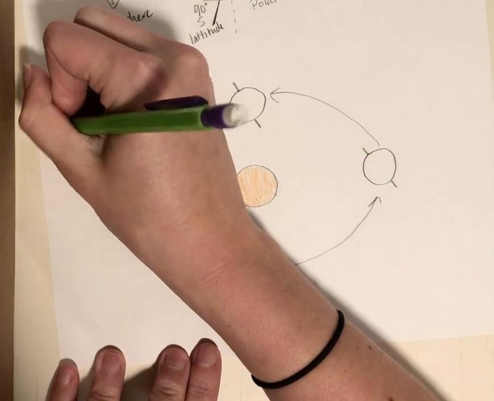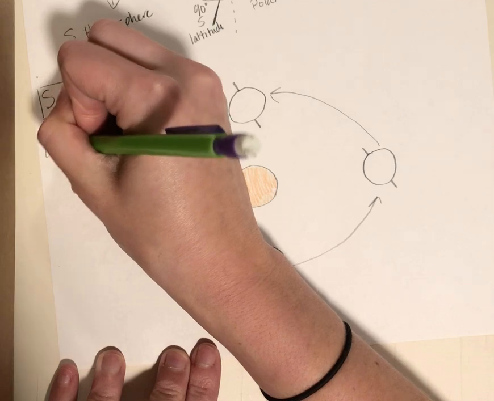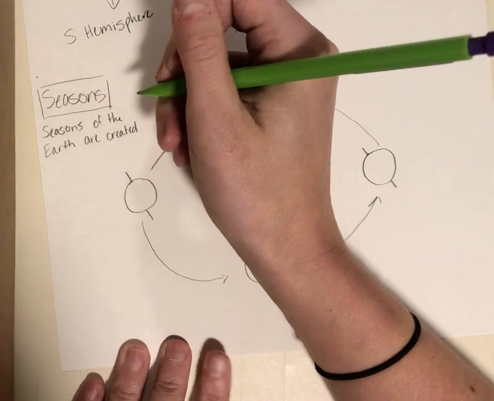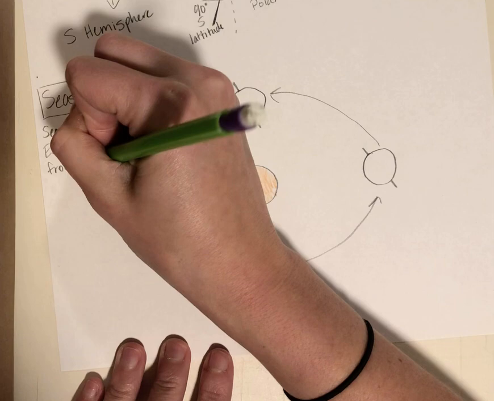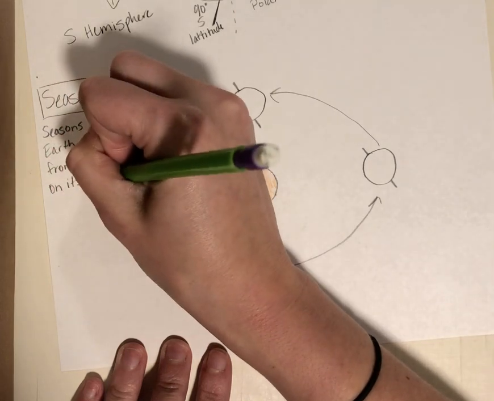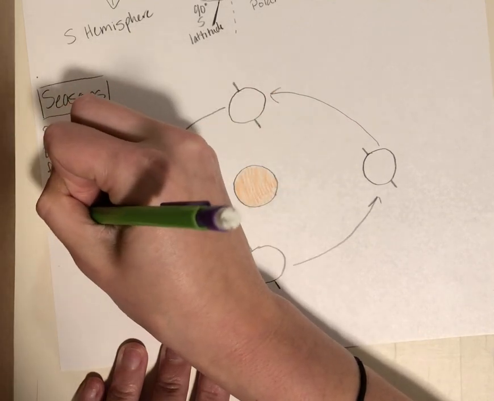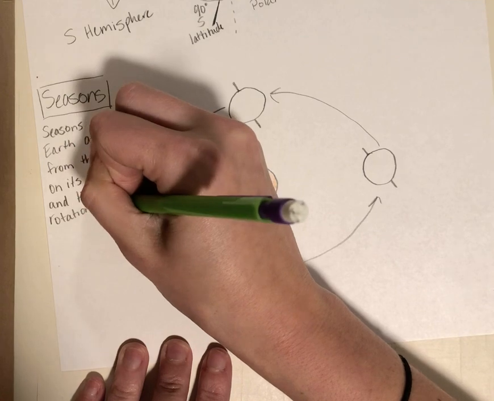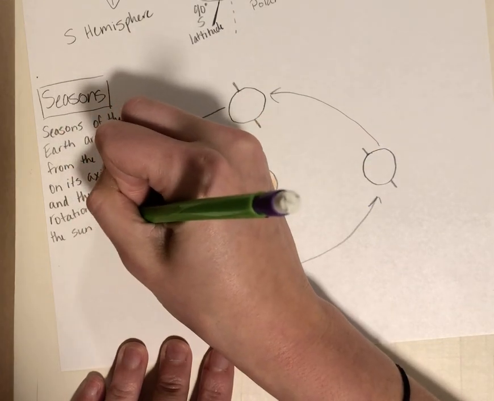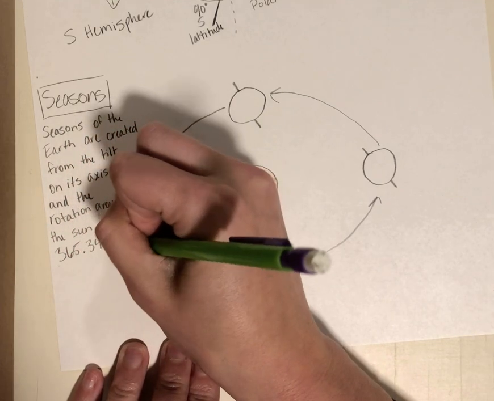So we know that seasons of the Earth are created from the tilt on its axis and the rotation around the sun every 365.342 days.